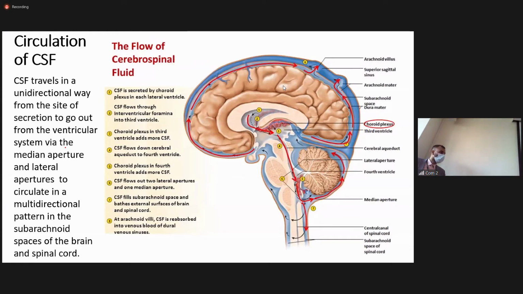Then it will accumulate in the subarachnoid space and pass around the brain. Then for reabsorption, it will be reabsorbed at the villi. It will travel to the top and circulation starts here.